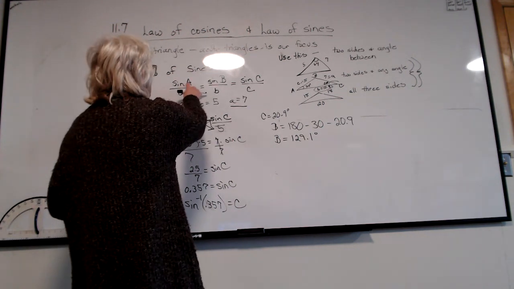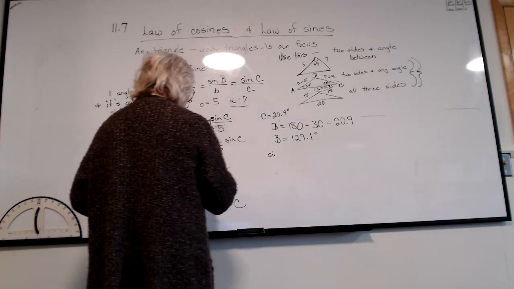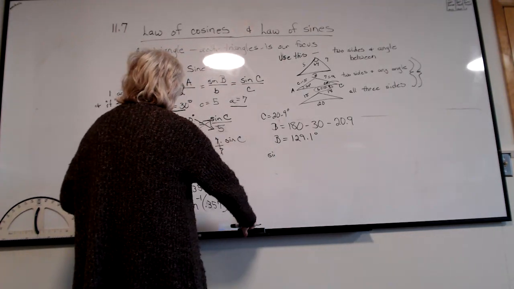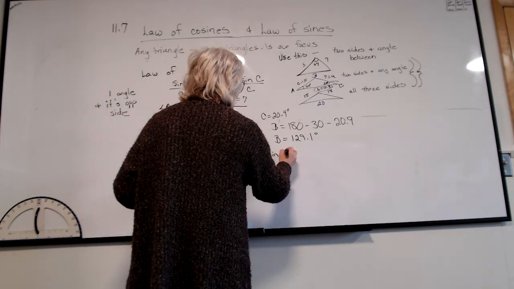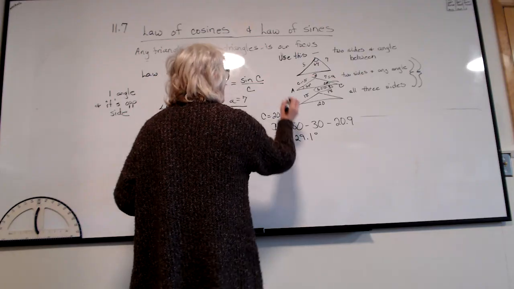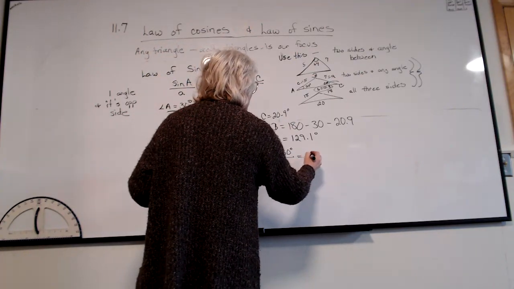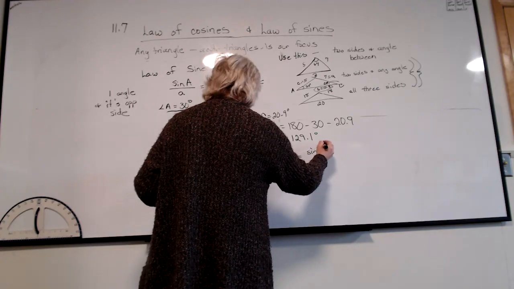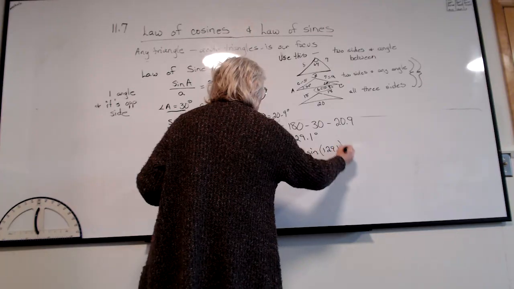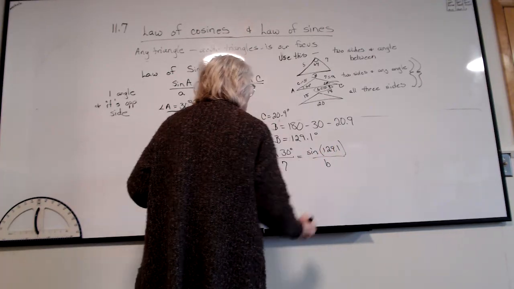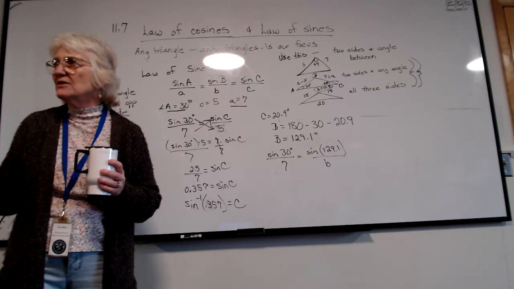So I can still use this ratio. Sine of 30 over its opposite, which was 7, is equal to the sine of 129.1 over b. Now this one's trickier because the b is in the denominator.